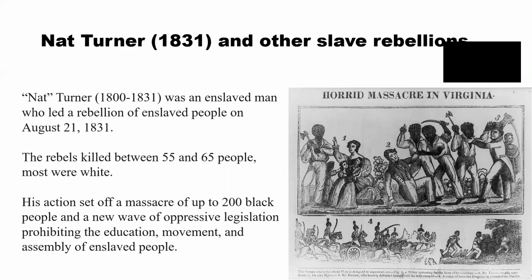As the North and the South argued over whether slavery should be illegal or legal, slaves in the South themselves also tried to rebel, as you can see here. One of the most famous rebellions is Nat Turner's Rebellion. Turner was an enslaved man, and he led a rebellion of enslaved people on August 2nd, 1831, and the rebels killed between 55 and 65 people, mostly white.